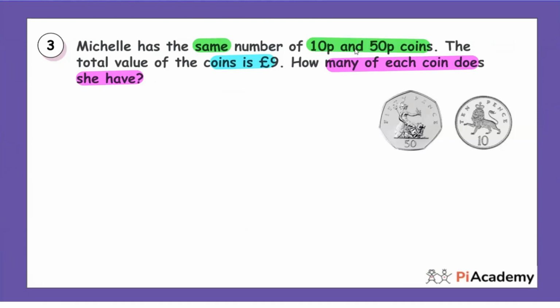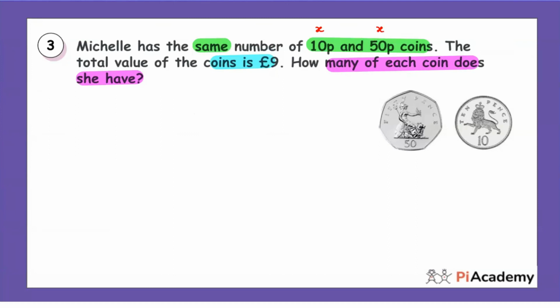So your time starts now. You have 2 minutes to solve this question. Everyone, please try to solve this. Okay, time's up. Everyone, now please focus here. Michelle has the same number of coins, right? So let's say the number of 10p coins is x. Because of this condition, the number of 50p coins will also be x, right?